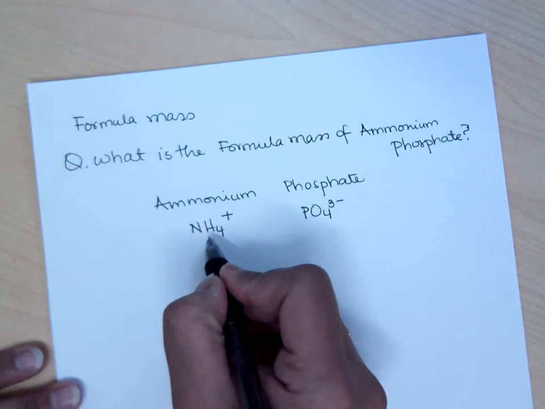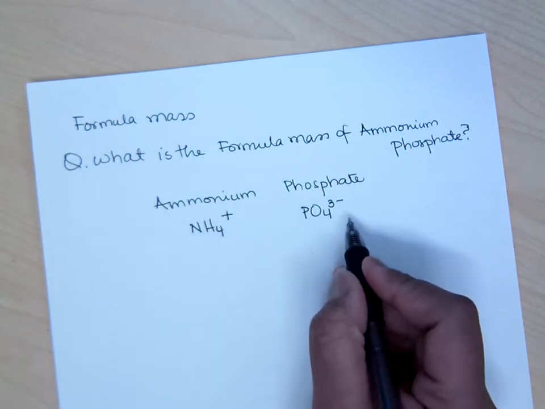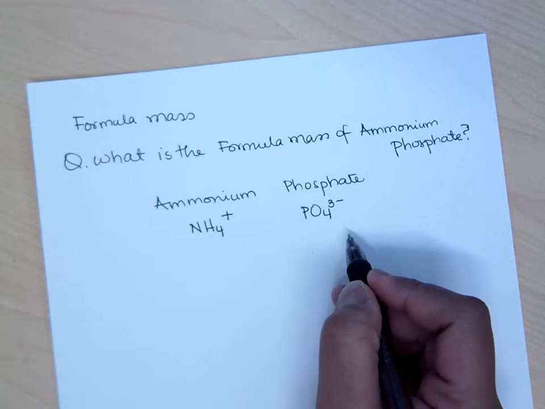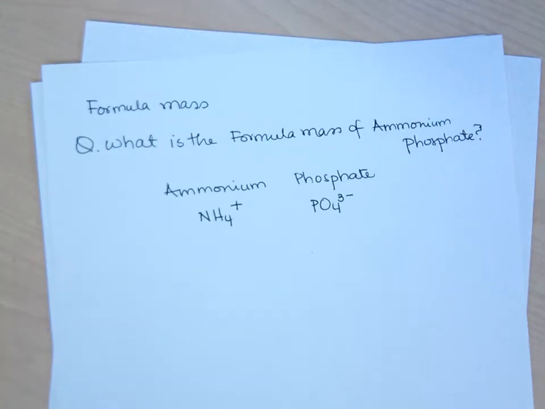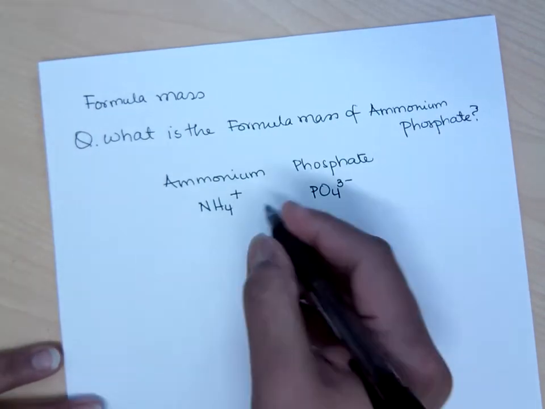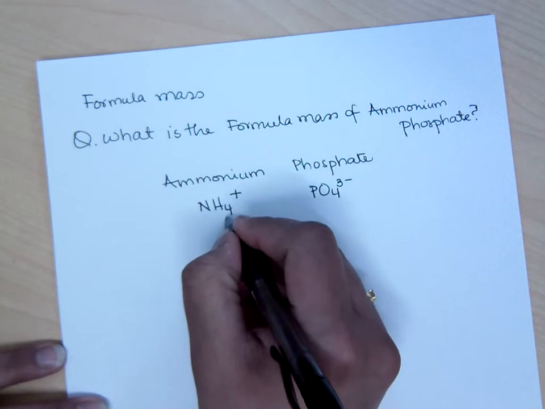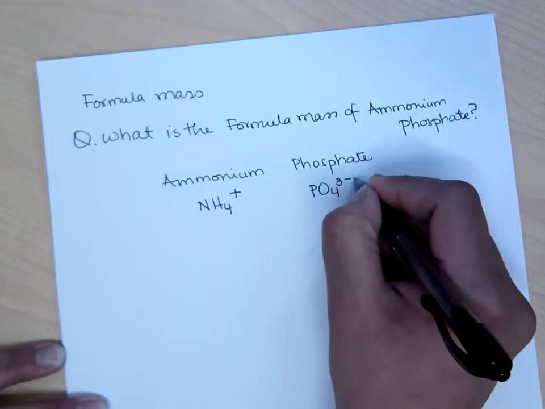Okay, so once we recognize ammonium has a +1 charge and phosphate has a -3 charge, then comes the task of balancing these charges. The +1 needs to be balanced with the -3.